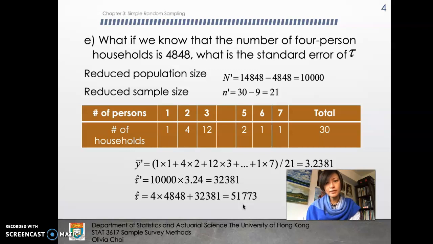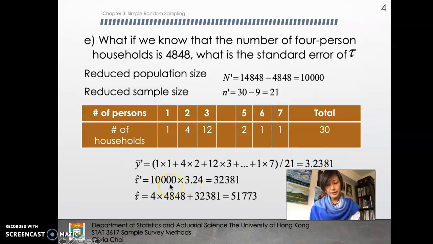Okay. So what if we know that the number of 4-person households is 4848? What is the standard error of the new tau? If that's the case, the 4-person households in the sample could be taken out because we know it for sure. So now the population size is reduced to 10,000. The sample size, the number of households we visit, is down to 21. So based on the 21 households, we can estimate the number of persons per household is around 3.2381.